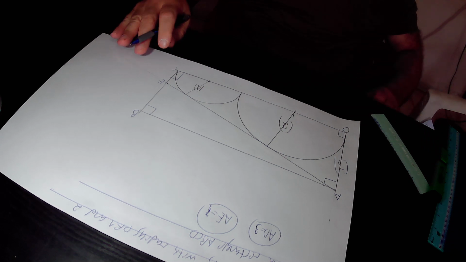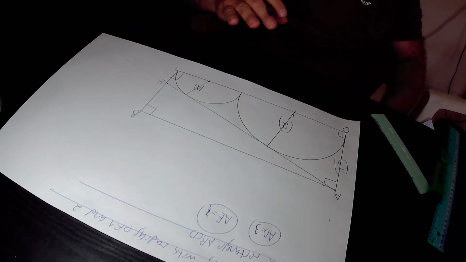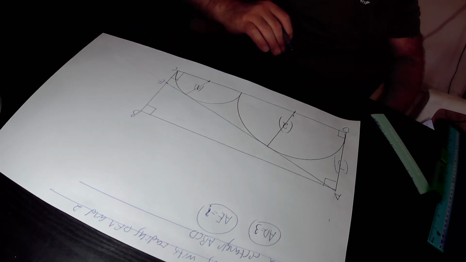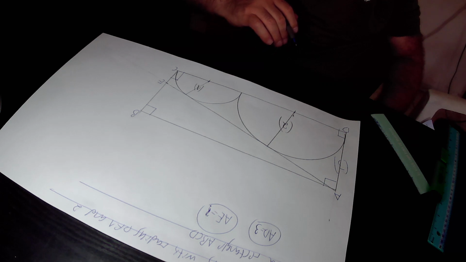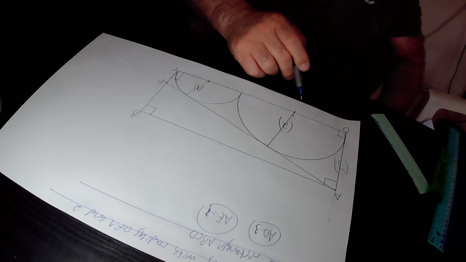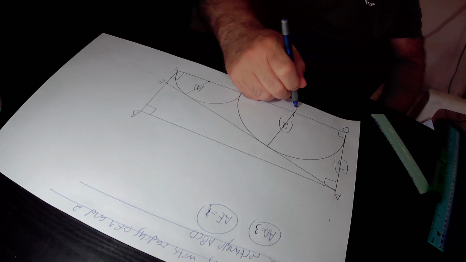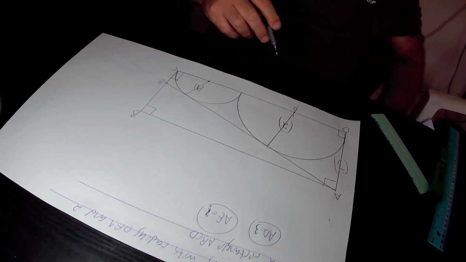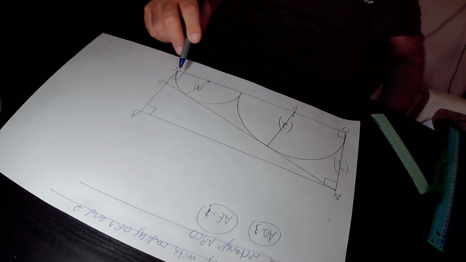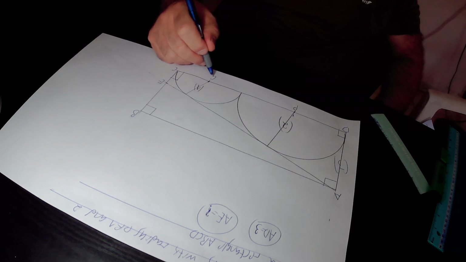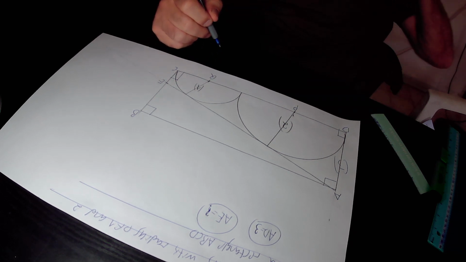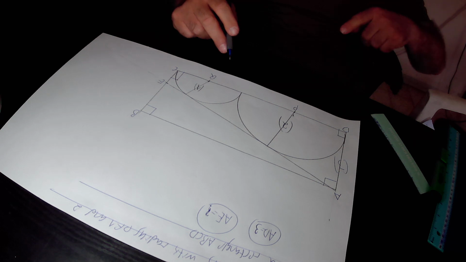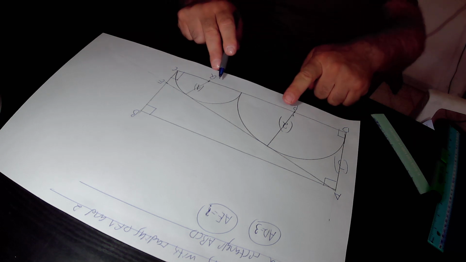In the next step, we will define the relevant points to this question with letters. We will define the center of this big semicircle. This point is point P. We will define the center of this small semicircle. This point is point Q. We will define the tangent point of those two semicircles.